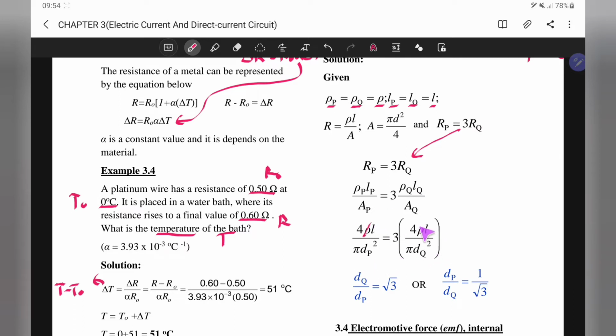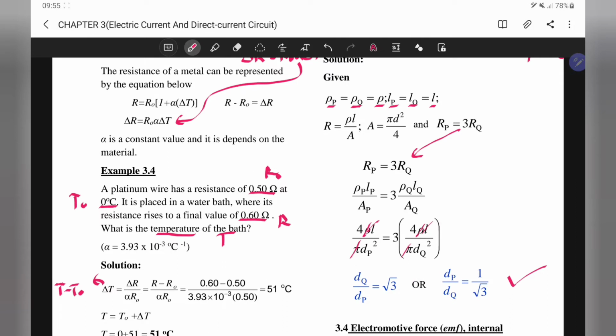Rho and rho cancel each other, also L and L, also pi and pi here. By simplifying the calculation, you will get the ratio of dQ and dP equals square root of 3, or the ratio of dP and dQ giving you 1 over square root of 3.